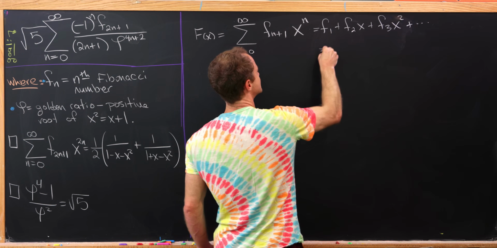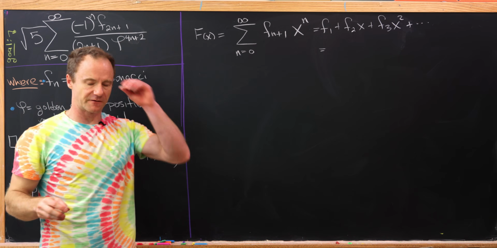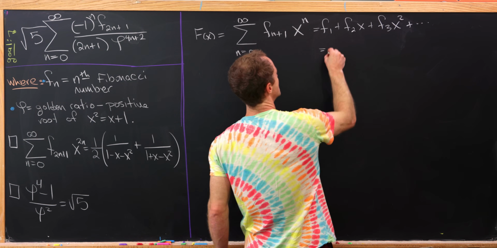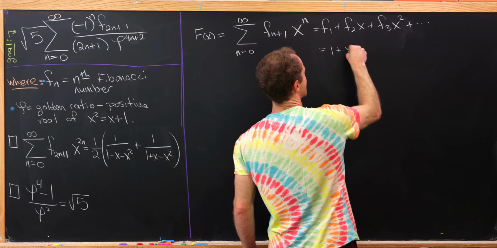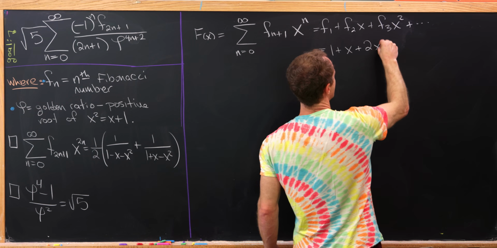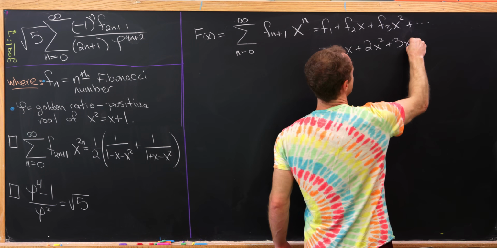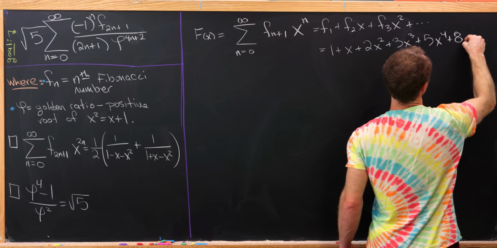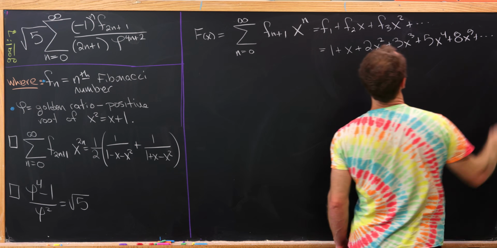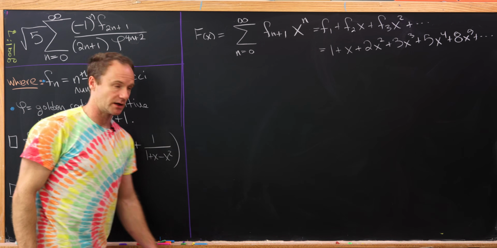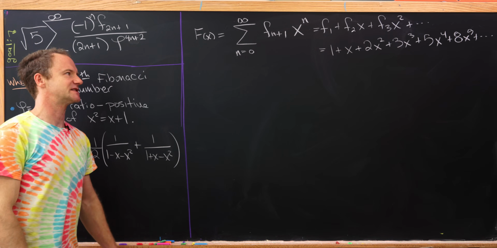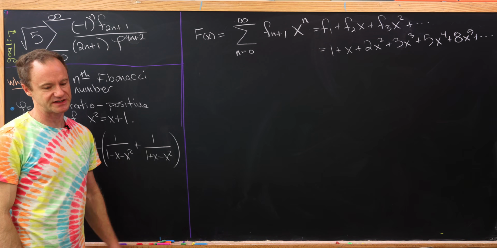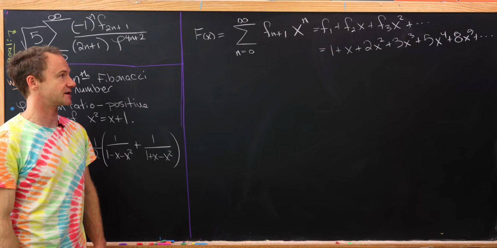Since we're familiar with the starting Fibonacci numbers, it goes something like this: 1 plus x plus 2x squared plus 3x cubed plus 5x to the 4 plus 8x to the 5, and then it's going to go on and on. This is slightly different than maybe the standard generating function for the Fibonacci sequence, but that's okay. We'll work with this here.